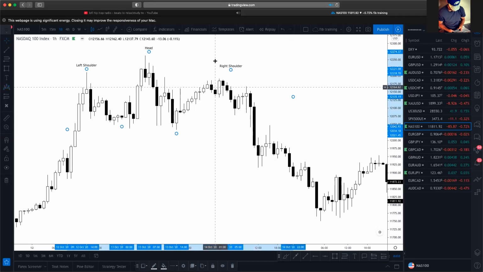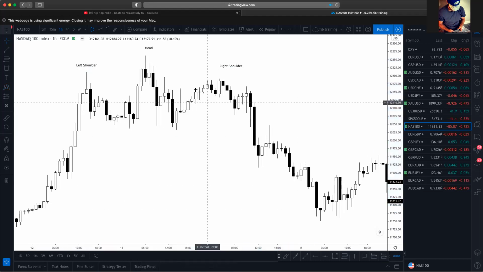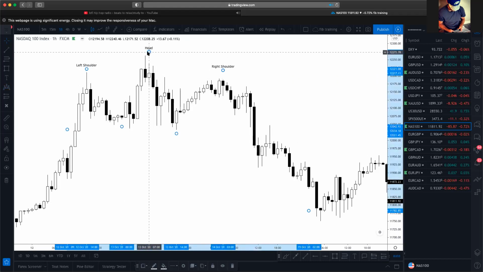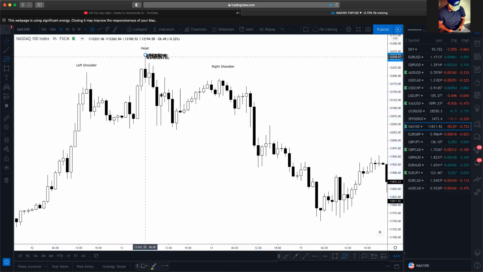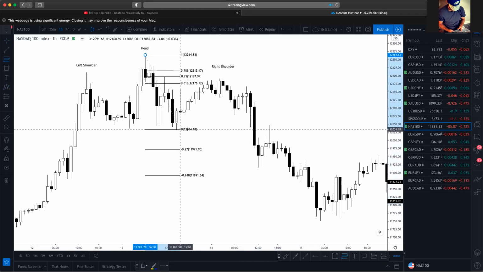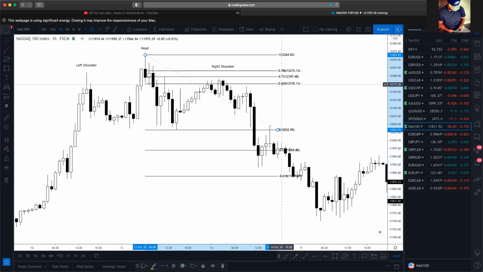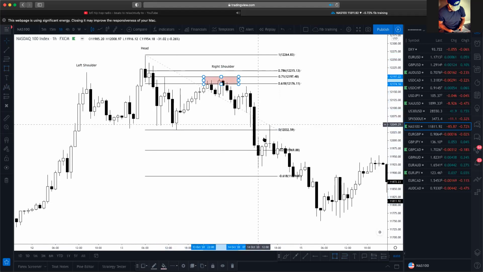And for me, for a head and shoulders to complete, I need to see the right shoulder hit the 61.8 of the head. So what does that mean? You have to fib the top of the head to the bottom of the shoulder. And I'll extend it out. And it did. It hit the 61.8 perfectly. And that completed the right shoulder, and then we followed through.